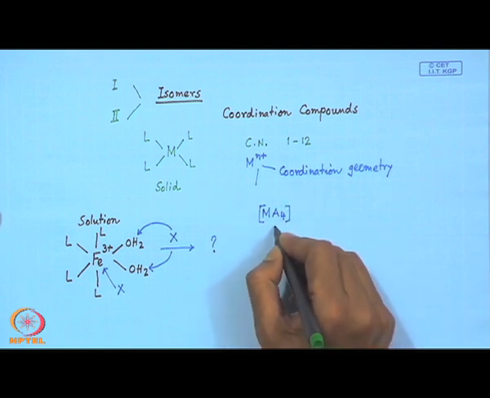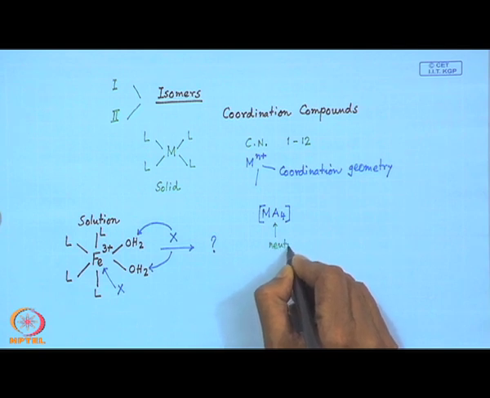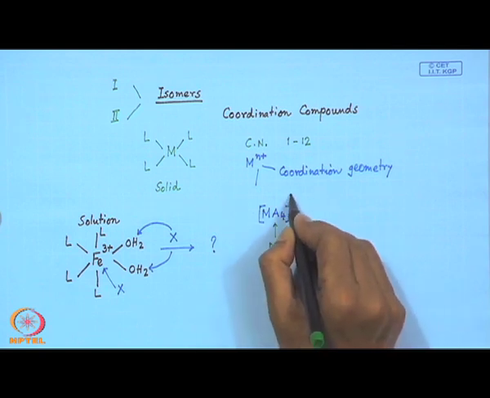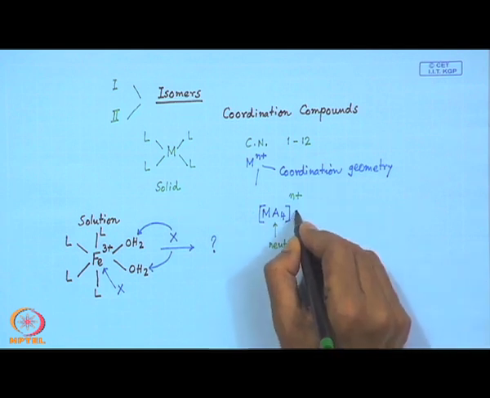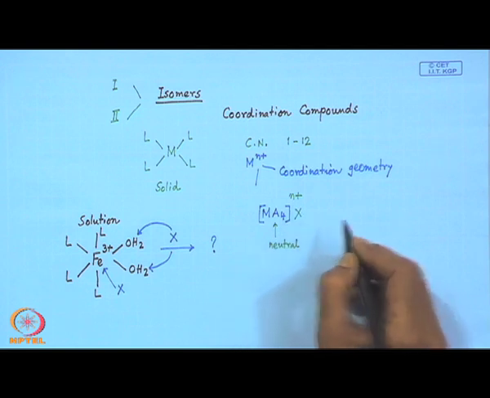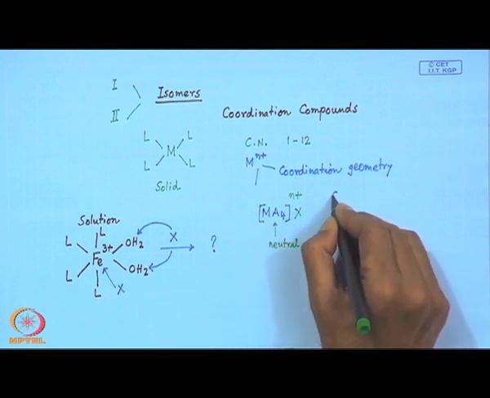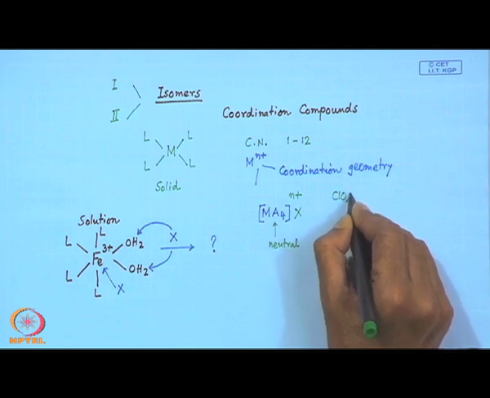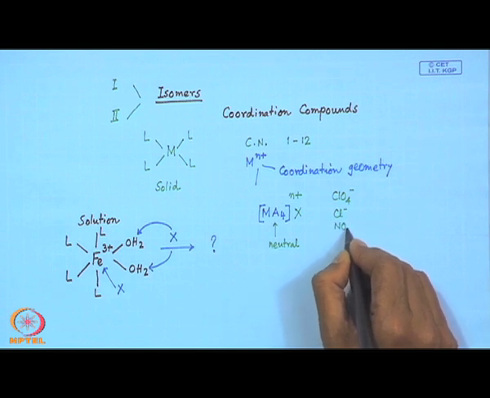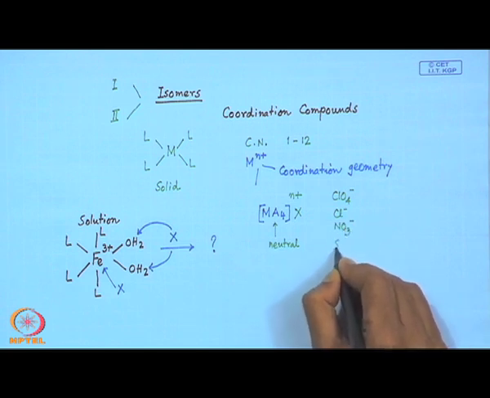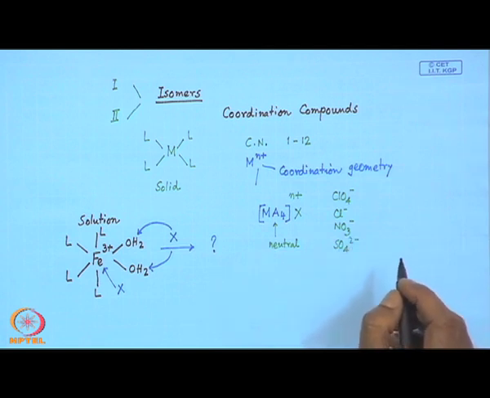If these A groups are neutral, we have the corresponding cationic complex and we need some counter anion, and these counter anions can be perchlorate, chloride, nitrate, sulfate and all these.